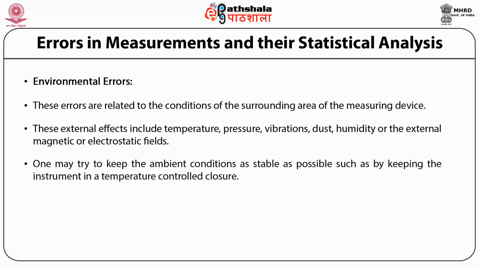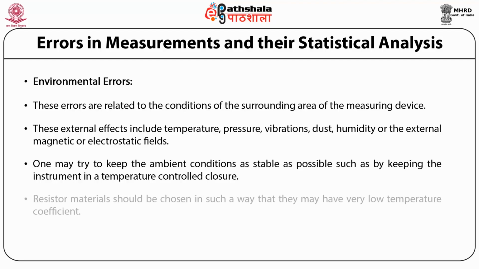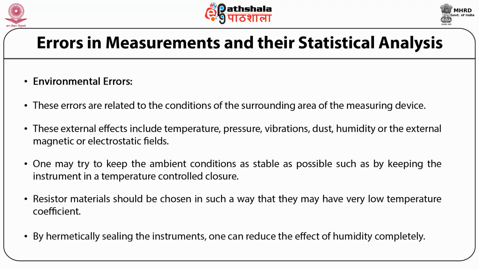One may try to keep the ambient conditions as stable as possible, such as by keeping the instrument in a temperature controlled enclosure. Resistor materials should be chosen in such a way that they have very low temperature coefficient. Also, one can hermetically seal the instruments so as to reduce the effect of humidity.